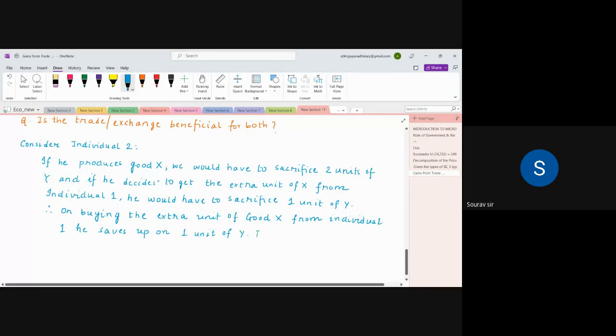Right? This is his gain from trade. Okay.